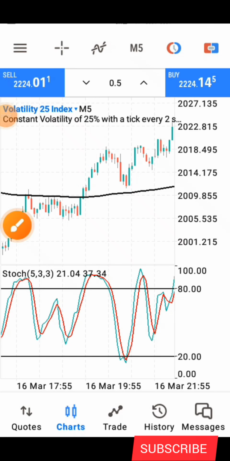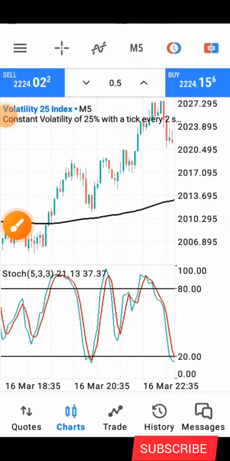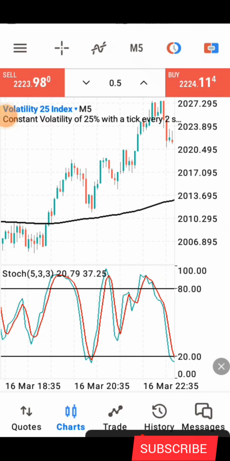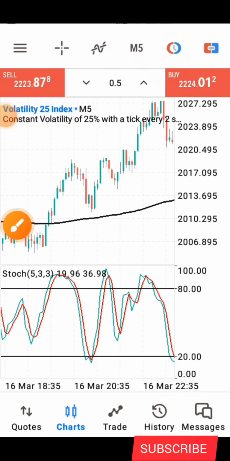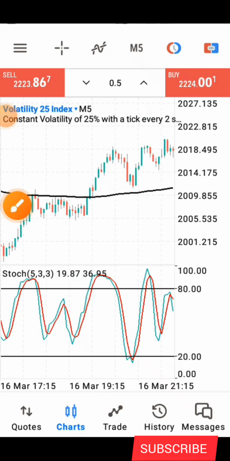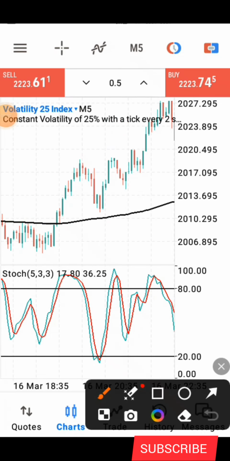So now what should be expected of you is that you are going to wait for price to break the most recent structure, which is this area here. Right, so whenever you see that this indicator gets to the 20 level, you don't just rush in.